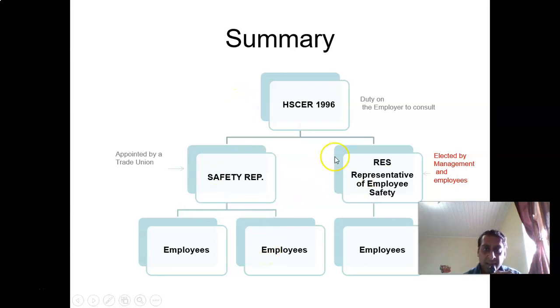A really good question to ask yourself is, well, what type of information would that be, right? What type of information the employer would have to consult the employees about, right? So that is a really nice simple question. And again, NEBOSH loves the simple.